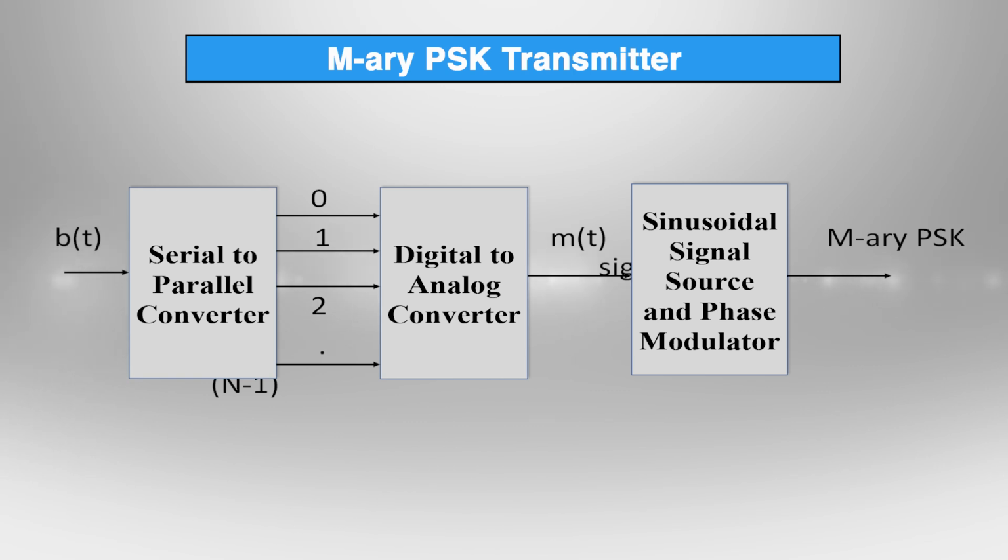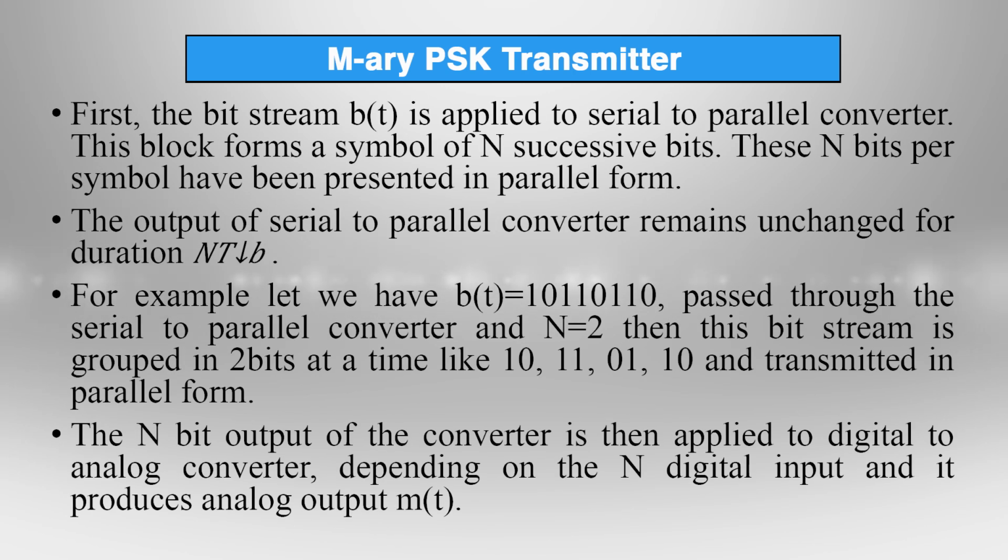For example, let the bit stream b(t) be 10 11 01 10 passed through the serial to parallel converter, and n is equal to 2, that is in QPSK.